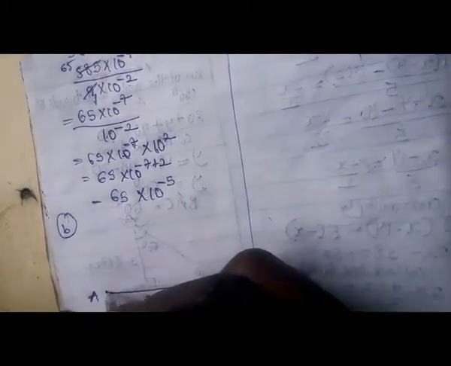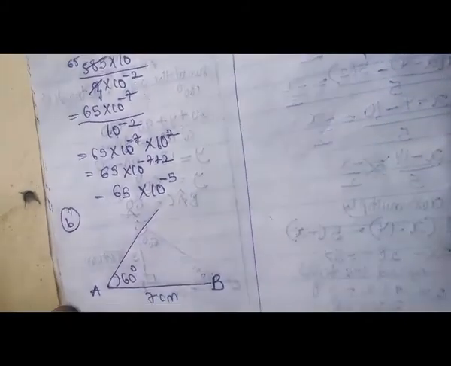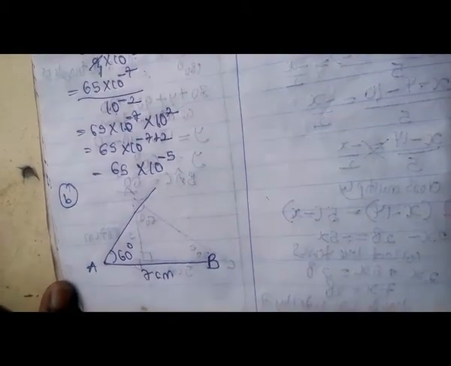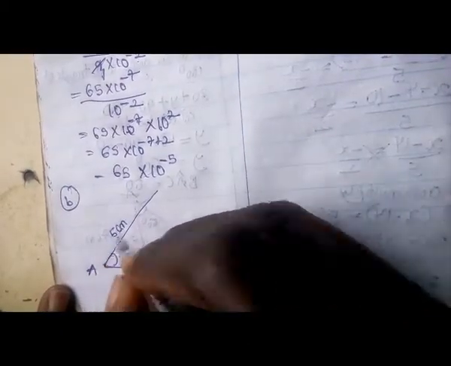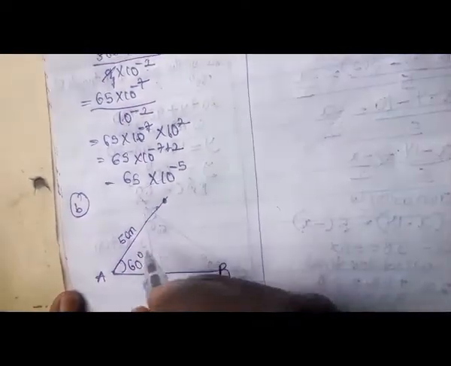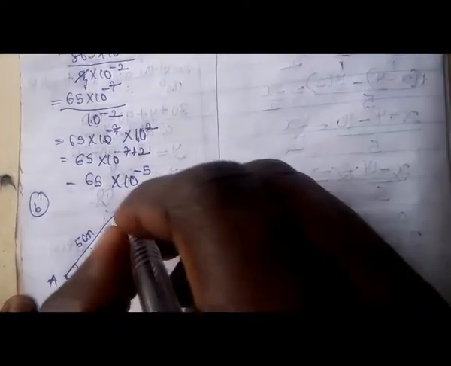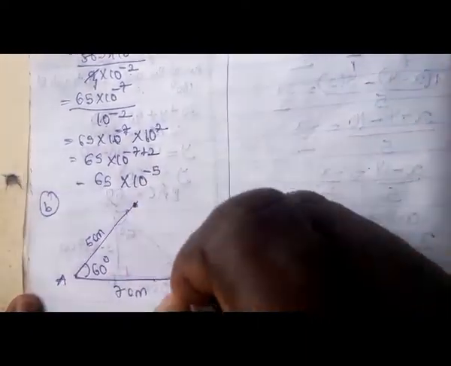Once you have your 60 degrees, you measure 5 cm upward. This one must not be longer than the other, since this one is 7 cm and this one is 5 cm. Once you measure 5 cm, you rule a line from this point to this point.